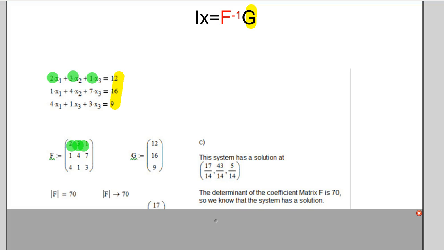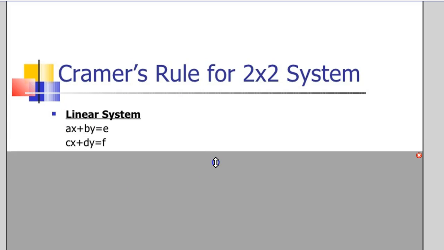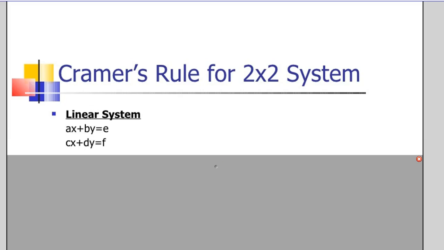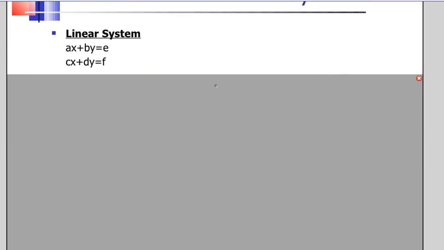And there is, and it's called Cramer's rule. Instead of involving inverses, it involves determinants. So let's take a look at a simple case for a 2 by 2 system. Again, we take our linear system, which will have two equations and two unknowns, and we represent this linear system as three matrices: our F matrix, our X matrix, and our G matrix.